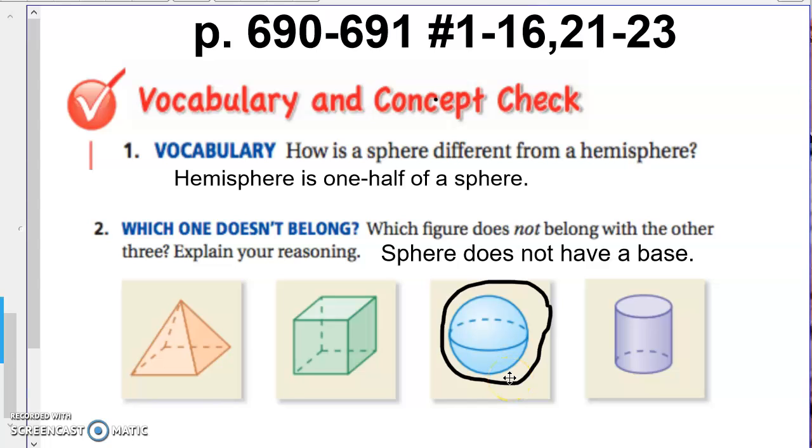And the reason why this one doesn't belong is because it does not have a base like the other ones, which is why we couldn't find the formula by basing it on the base length or the base area. We had to use the other formula, and we used the cylinder to derive the formula for a sphere. So again, the formula for a sphere is 4/3 pi times radius to the 3rd power.